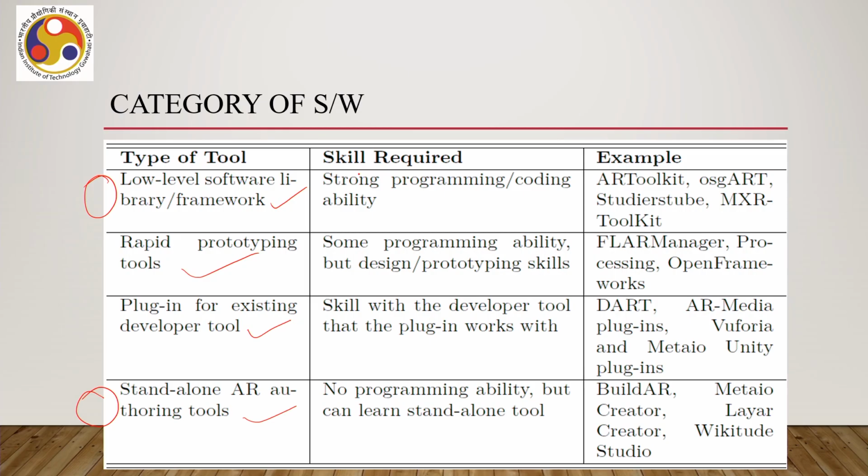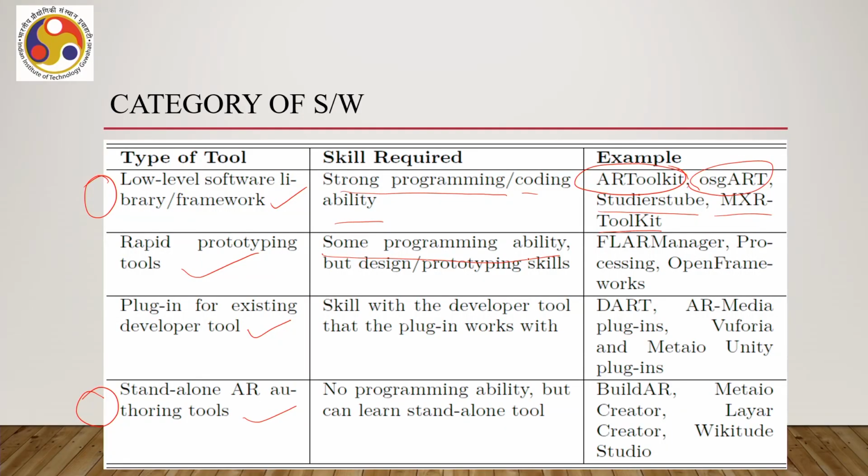Skill wise, the low level software libraries or frameworks require strong programming or coding ability. Some examples of such libraries or frameworks are AR Toolkit, OSG Art, Studio's Tube, MXR Toolkit, and so on. Some of these are no longer available, but those are there.